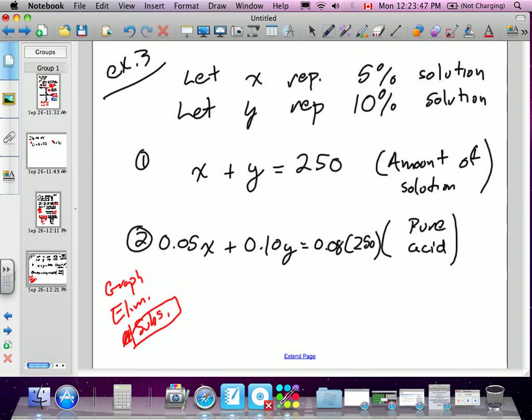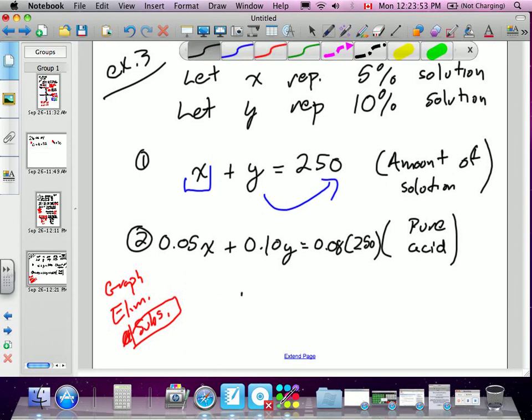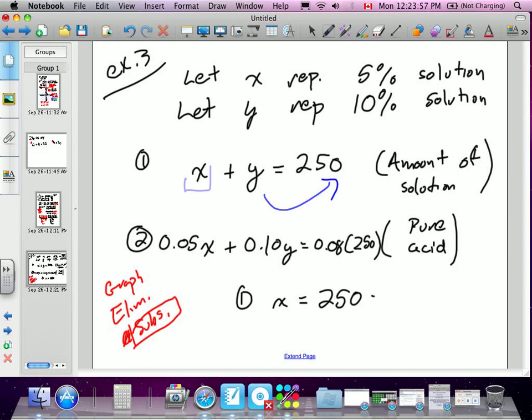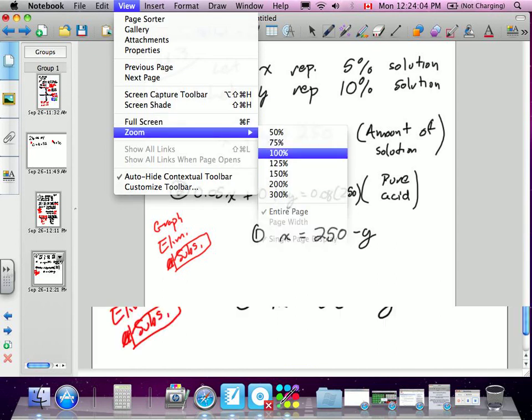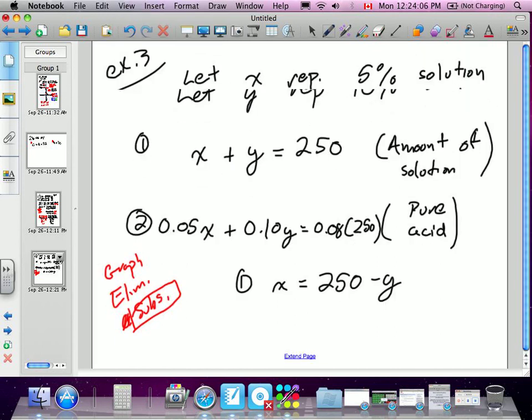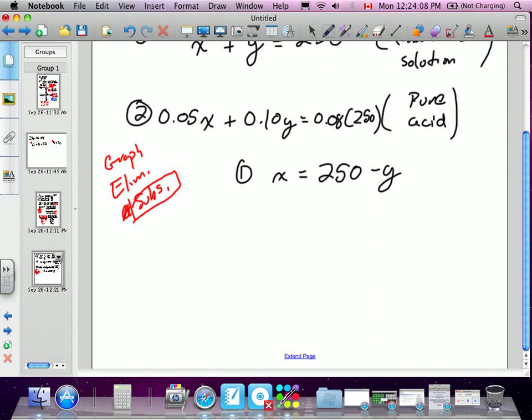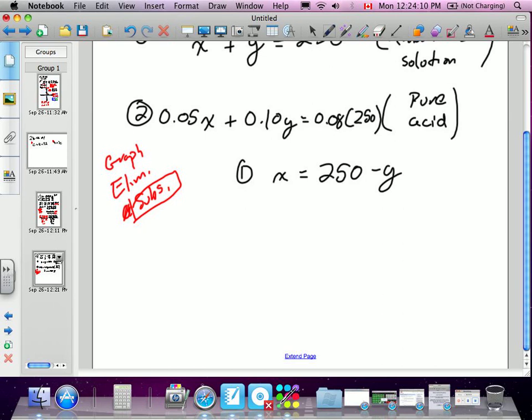So I'm left with x is equal to 250 minus y. Now I need to plug this value of x into the variable x in the other equation, equation 2.